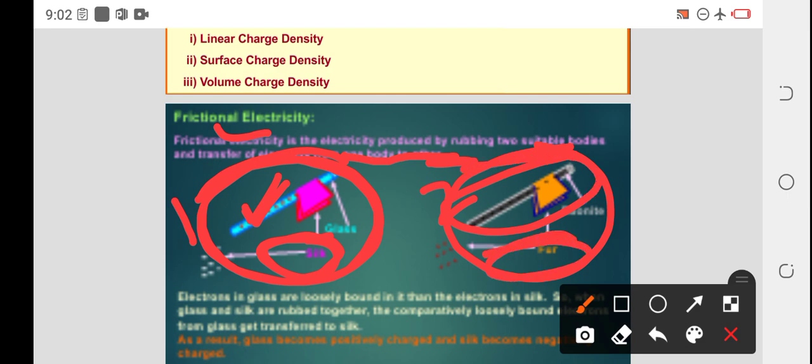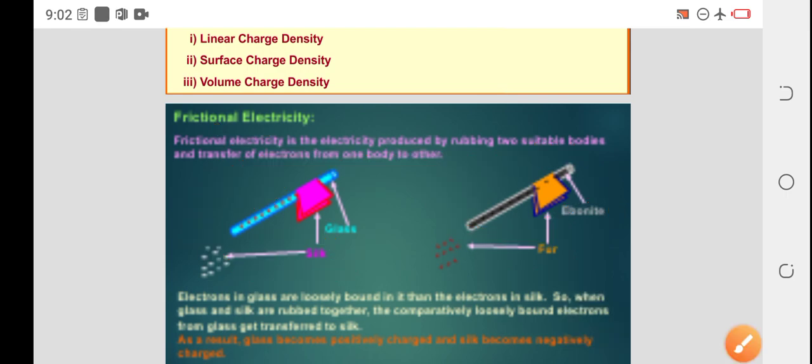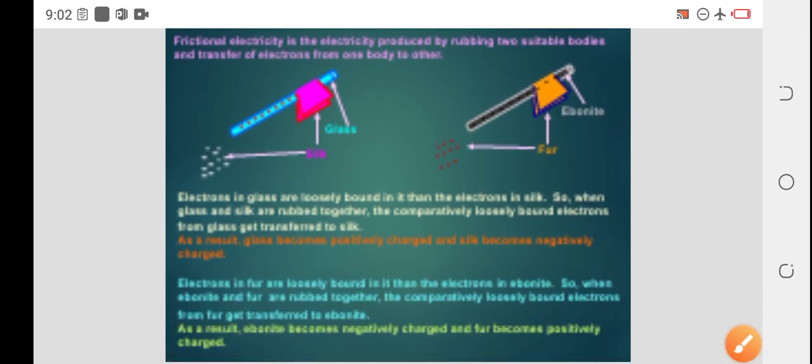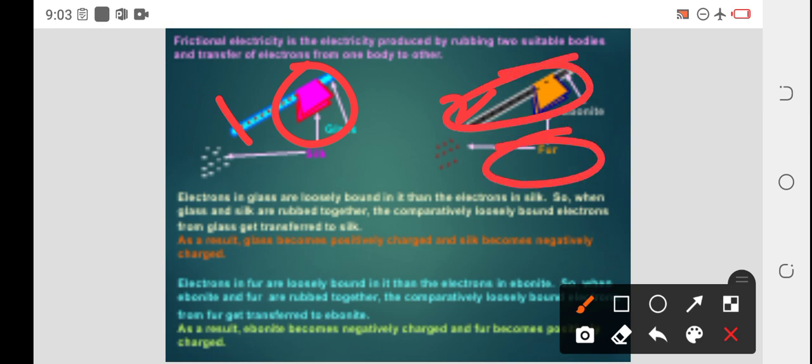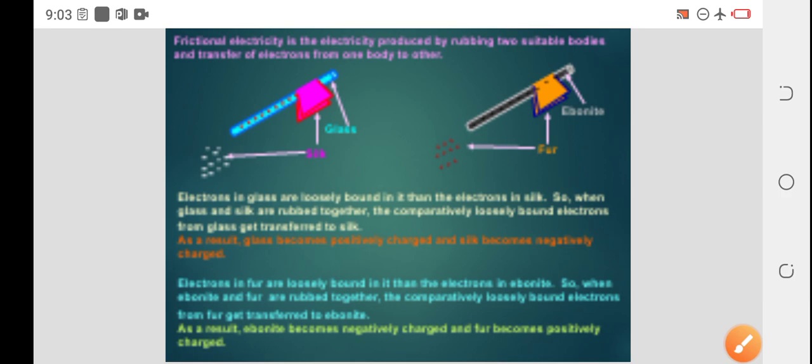So here, taking these two different materials, we rub together both the bodies of figure 1 and figure 2. The glass is rubbed with the silk cloth, and in figure 2 the ebonite rod is rubbed with the fur.